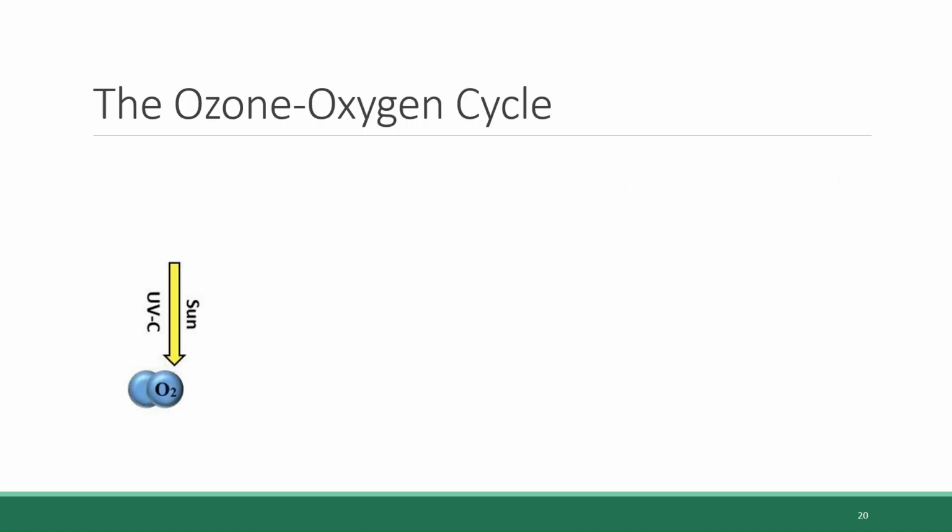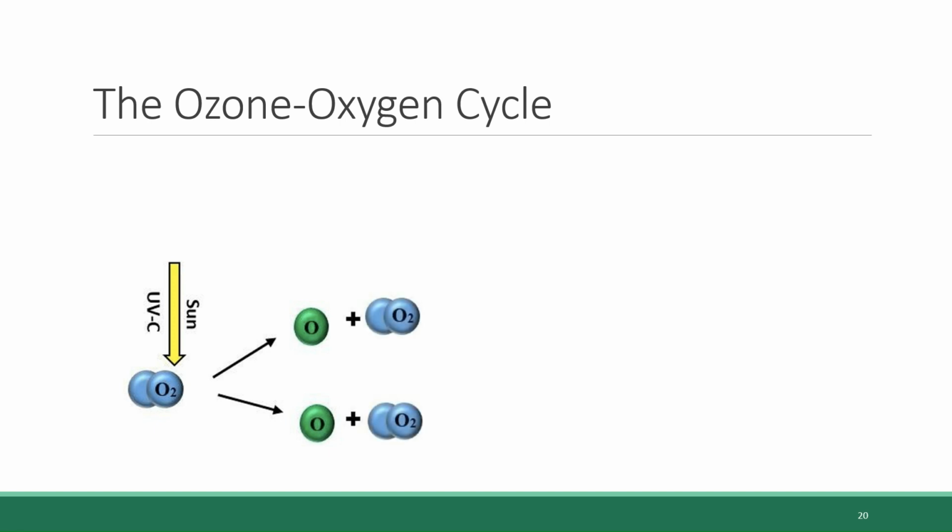Ozone is actually generated in the stratosphere, a natural process called the ozone oxygen cycle. This cycle begins when UV radiation from the sun hits a regular old molecule of oxygen gas, which remember is just O2, two oxygen atoms instead of three. And that energy causes it to break apart into two lone oxygen atoms.